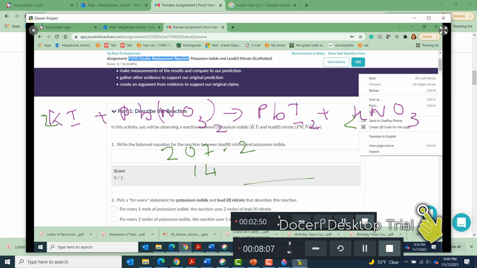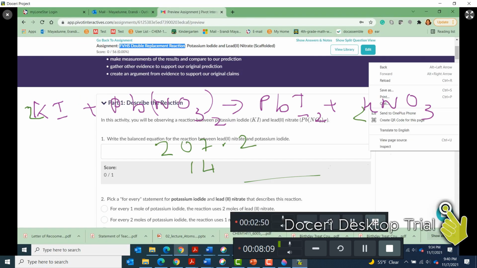Okay, so here I have Pb. First I need to find the NO3, so I have 1 nitrogen which is 14 and oxygen is 16 into 3, right? 16 into 3, so it's 48. 48 plus 14, 62.